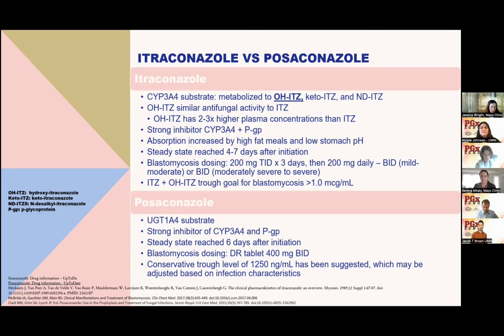And of course, that can be raised or lowered based on clinical judgment, depending on really the infection characteristics. So if you have a more severe infection, if you're trying to penetrate into different areas of the body, the brain, different organs, that might change a little bit. But for now, this is really the accepted trough level.